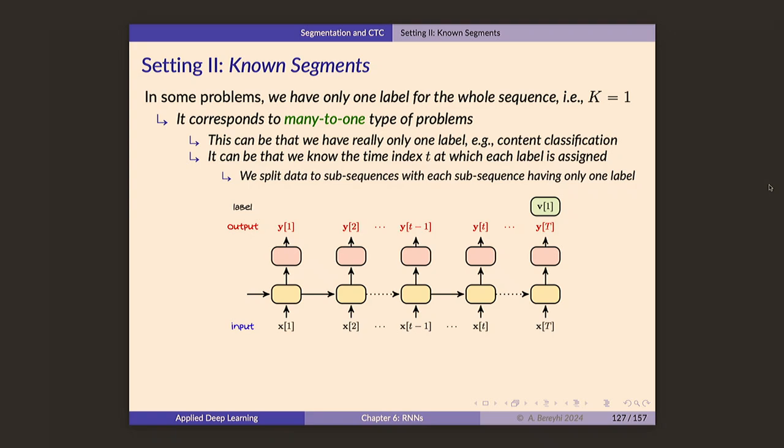And that label could potentially happen at the very end. Clear? And the length T of this input sequence could be anything. So this can be the solution to our problem, but it's a very easy case, because in our problem we don't think of having only one label. Yeah, but then it's known segments.